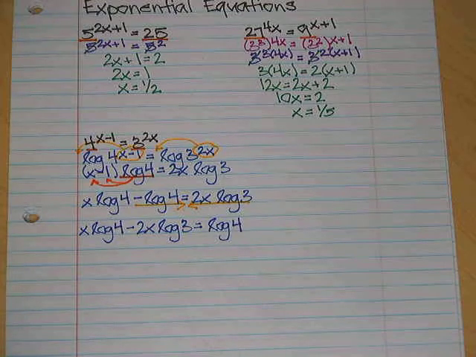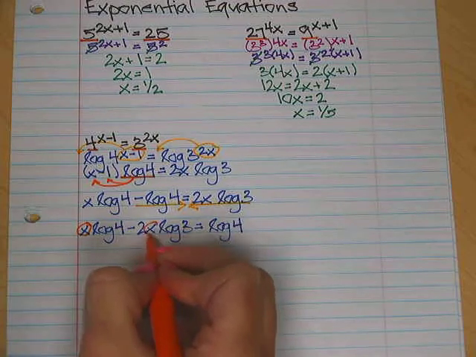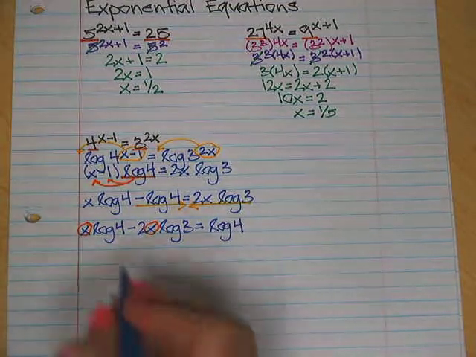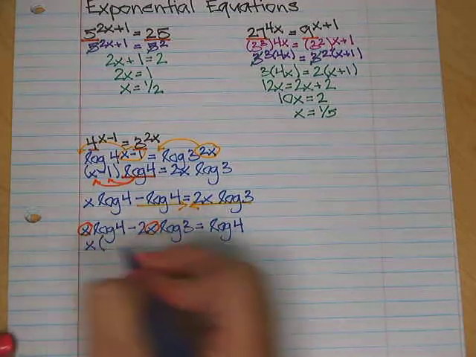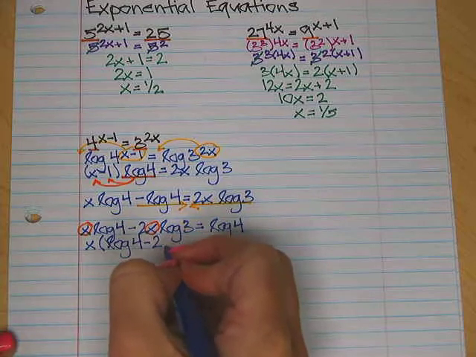Now, very often students can get to this point, but then they're not certain what to do. Well, notice on the left-hand side that we have a common factor of x in each of those terms. So we can factor that x out.